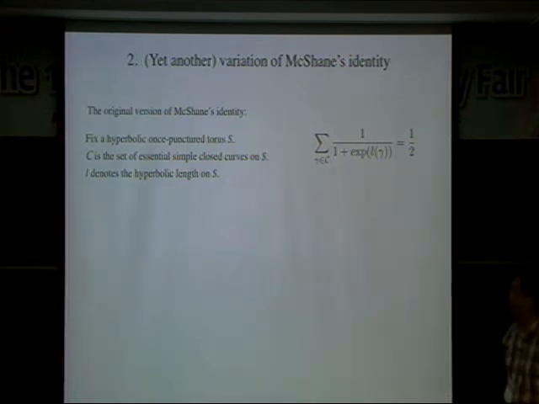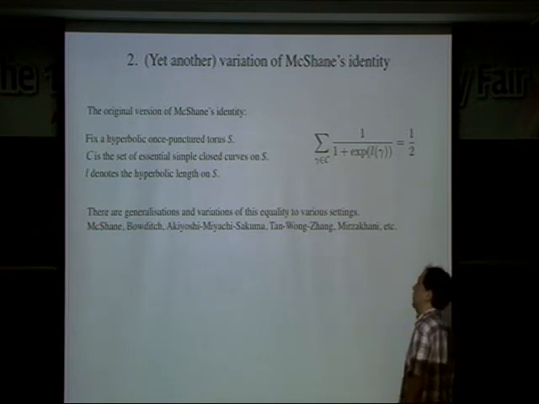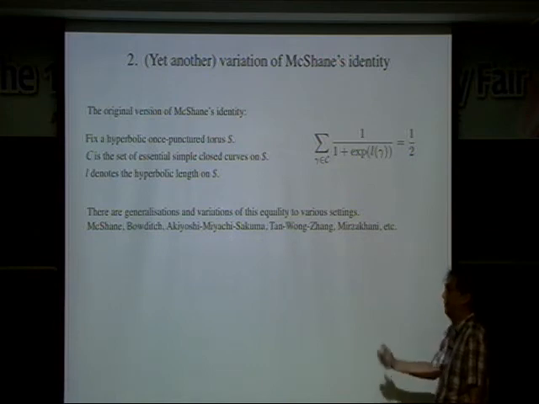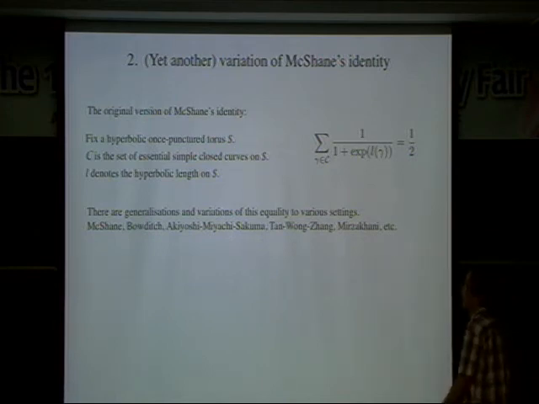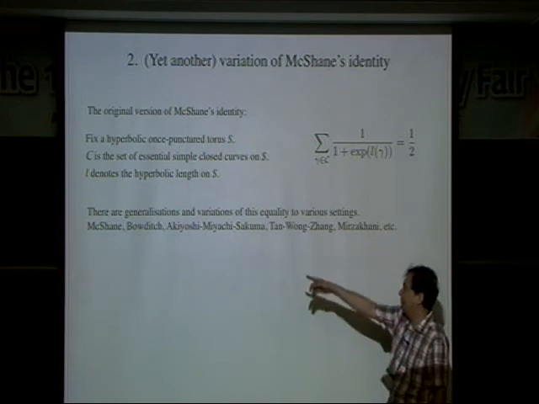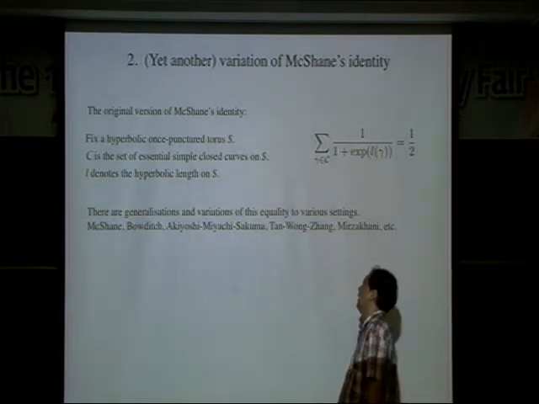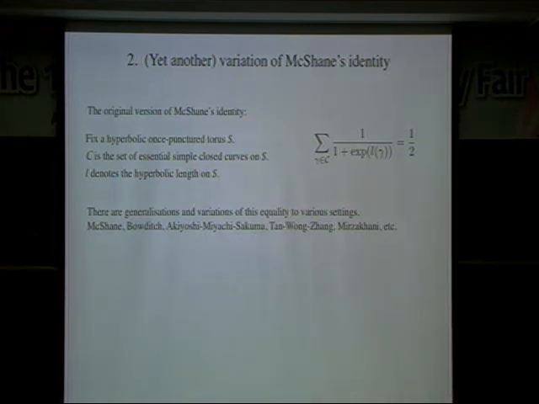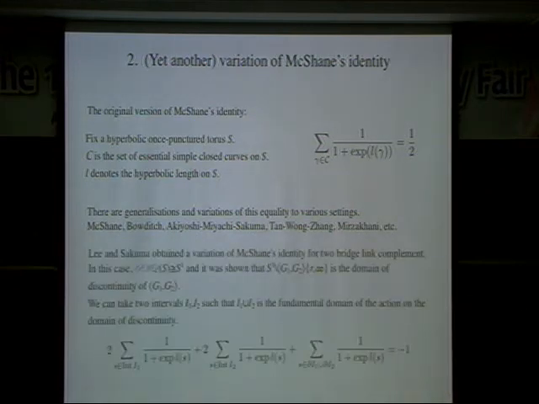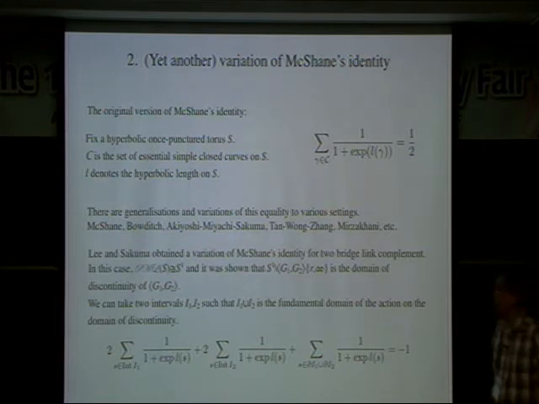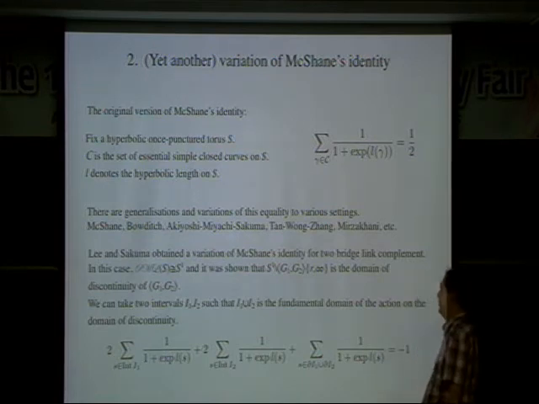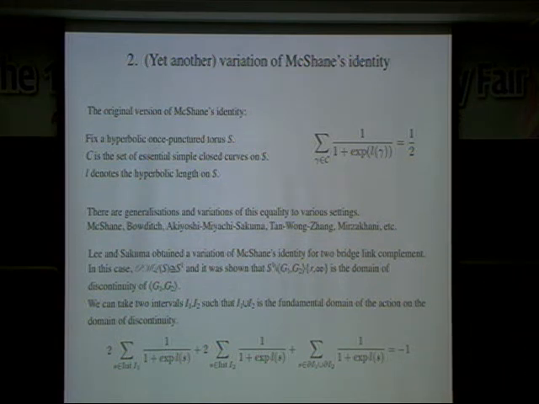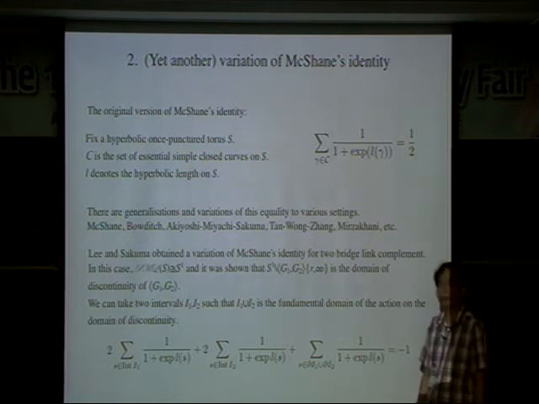That's McShane's identity. And in various situations, this identity was generalized, or there are generalizations or variations of the identity due to McShane himself, or Bowditch, Yoshida, Sakuma, Tan-Wong-Zhang, and Kani, or other people. And in particular, Lee and Sakuma showed that there's a variation of the McShane identity for a two-bridge link complement.